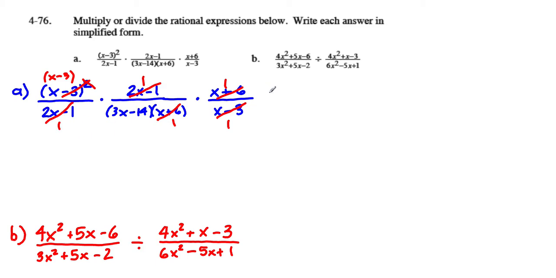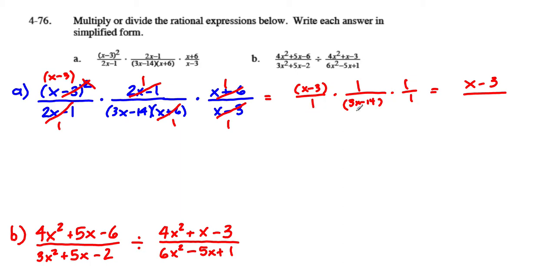So what this really looks like is x minus 3 over 1, times 1 over 3x minus 14, times 1 over 1. And we know when we multiply straight across here, 1 times x minus 3 is going to give us x minus 3.